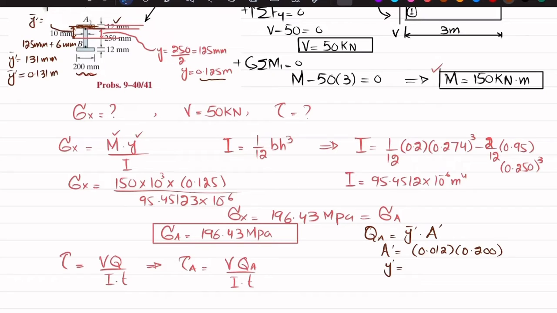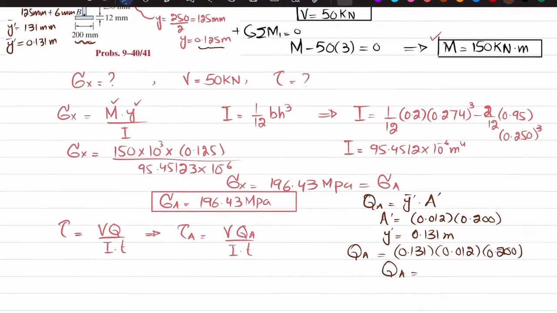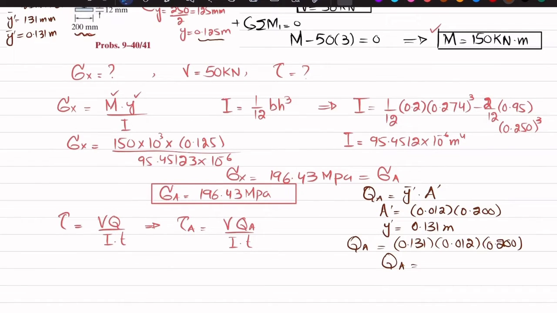Now you have the value, put it. So your QA will be equal to 0.131 multiplied by this area 0.012 into 0.200. So when you calculate it, you will get QA equal to 0.3144 into 10 raised to power minus 3 cubic meter.